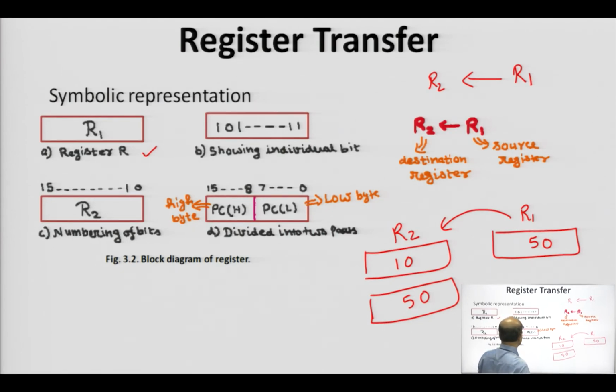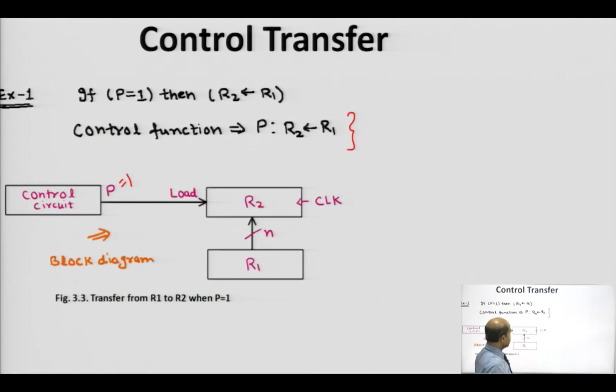There are 4 ways: first, to show the register and showing individual bits, numbering of bits, and partitioning of the register. And one example of register transfer we have talked about, and this transfer operation can be shown with a source register and a destination register. We have also talked about the control transfer, because in the system all the transformation operations are control transformations.